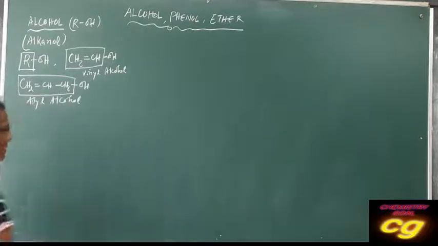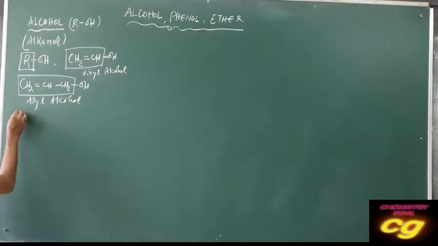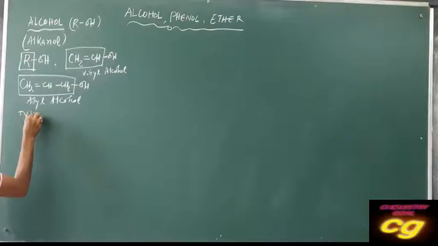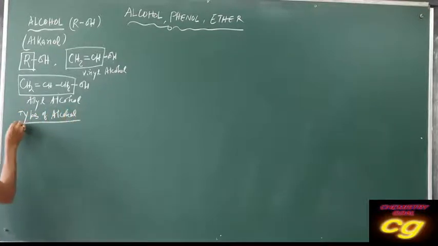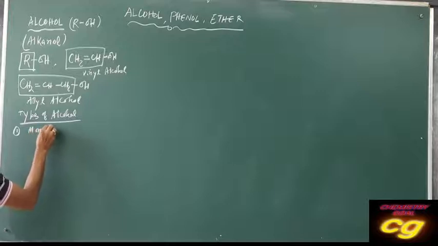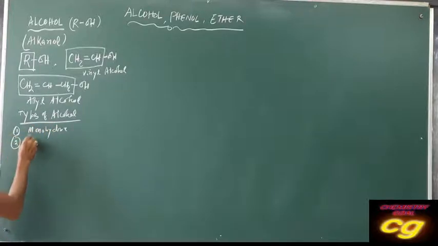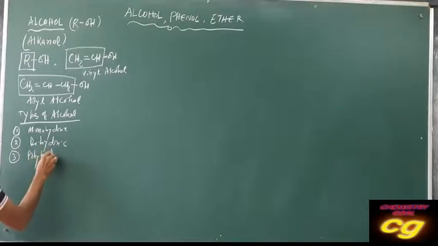Now if you see the classification of alcohol, we discuss the types of alcohol. Alcohol may be monohydric, dihydric, or polyhydric, meaning more than two.